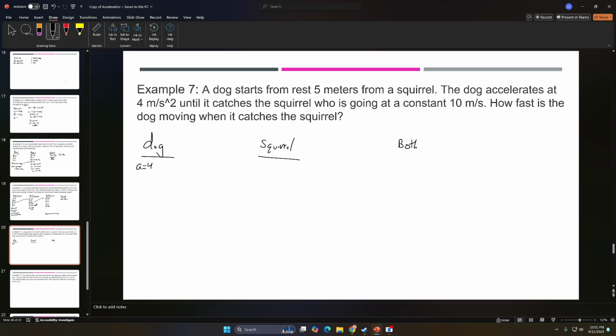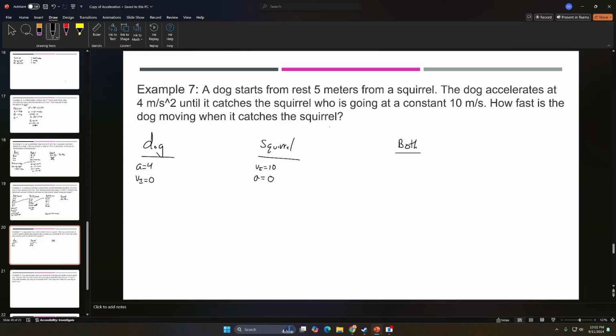Starts from rest, so v initial equals 0. And for the squirrel, it goes at a constant 10 meters per second. That means that v initial is 10 and acceleration equals 0. Now notice, I'm ignoring the 5 meters, the fact that the dog starts somewhere else. That's not a dog thing. It's not a squirrel thing. That's a both thing. We'll do that in a minute.